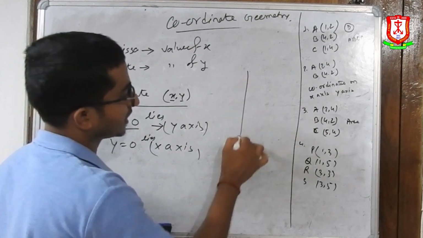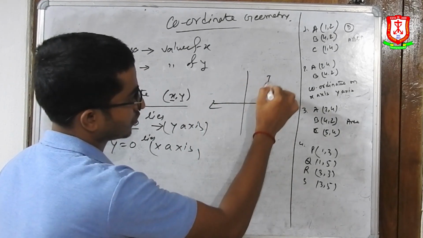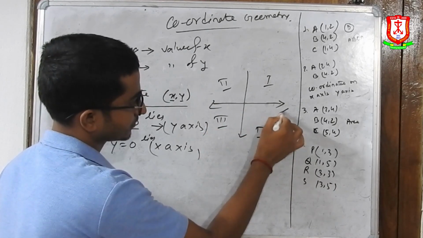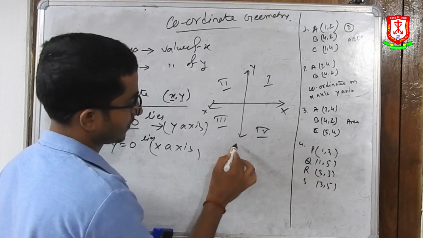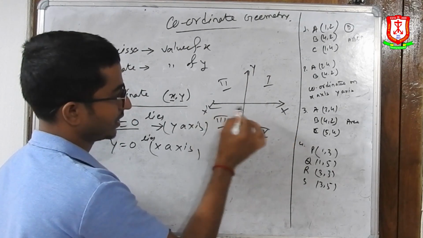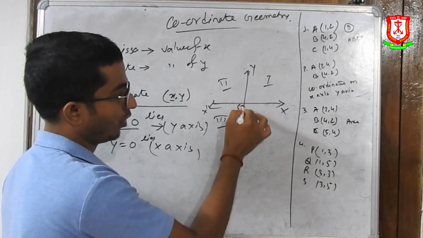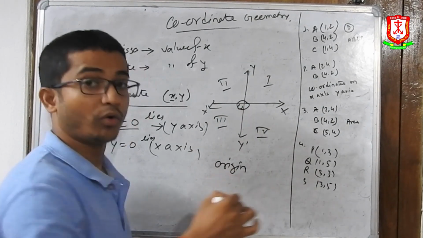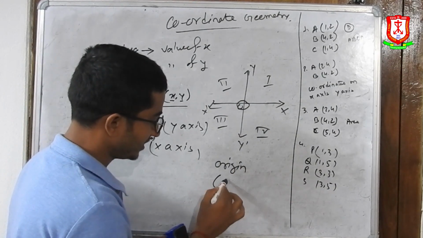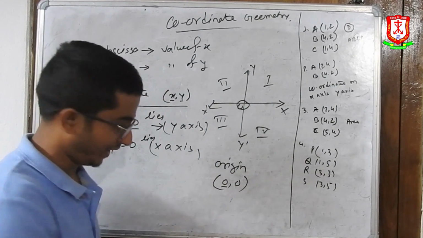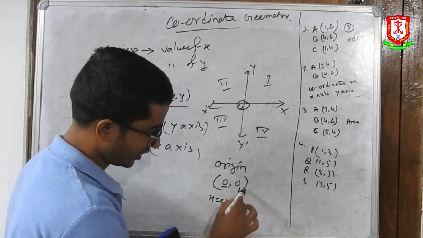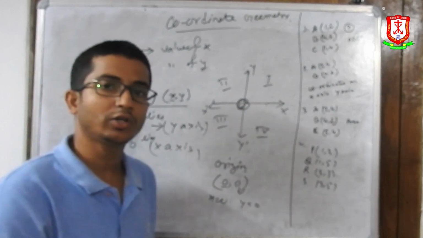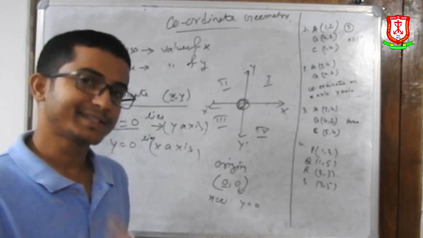Then we saw the quadrants: first quadrant, second quadrant, third quadrant, and fourth quadrant. This is the x-axis, and this is the y-axis, and this is called the origin. What is the coordinate of the origin? The coordinate of the origin is 0, 0. It means the abscissa, the value of x, is 0, and the ordinate, the value of y, is 0.